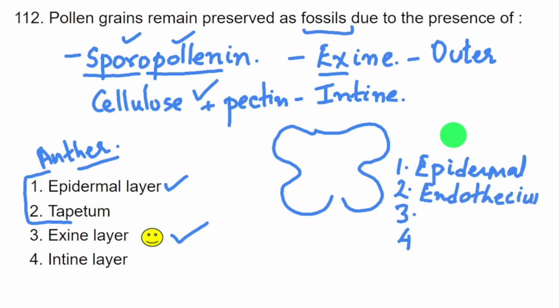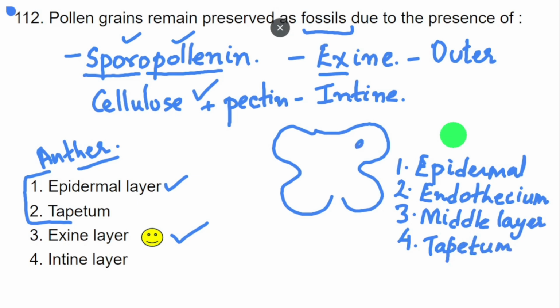And then the third layer is called the middle layer. The innermost layer is tapetum. So what is inside the tapetum? The sporogenous tissue, the pollen mother cells, the diploid cells that will undergo meiosis and form the pollen grains.